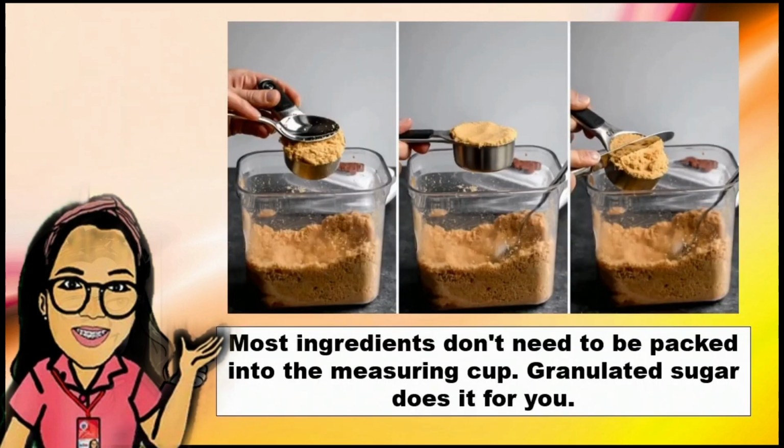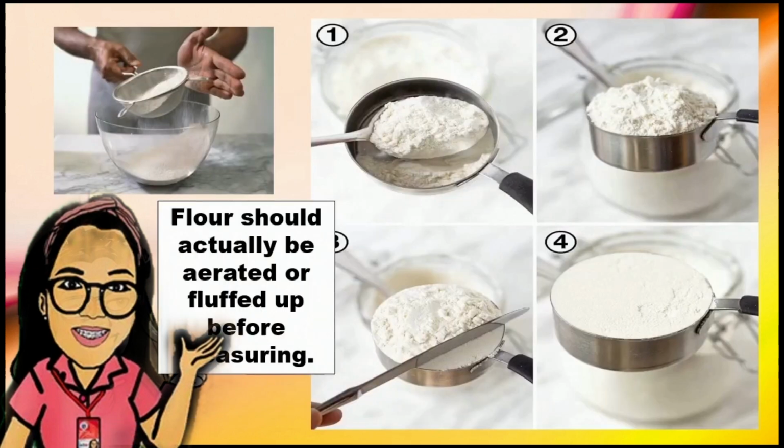Most ingredients don't need to be packed into the measuring cup. Like for example, granulated sugar. Another ingredient that does not need to be packed is flour. Flour should actually be aerated or fluffed before measuring.